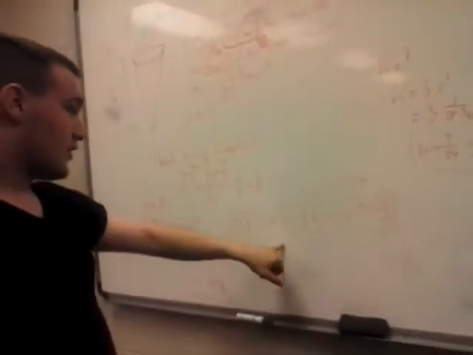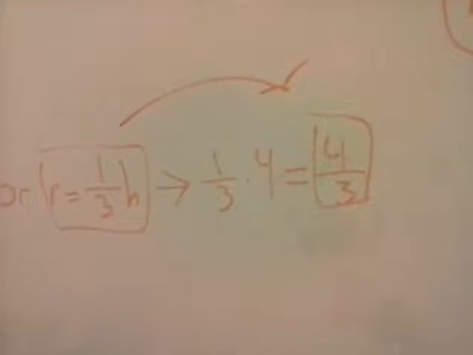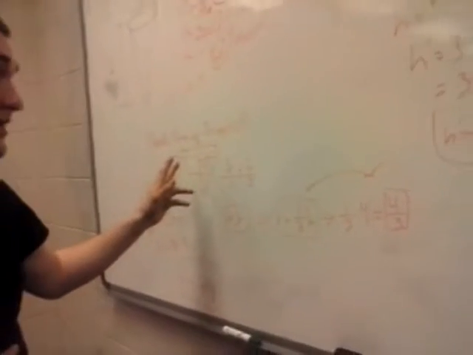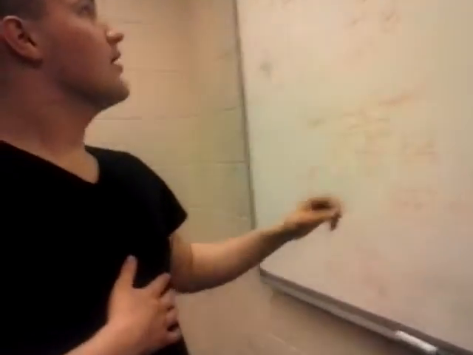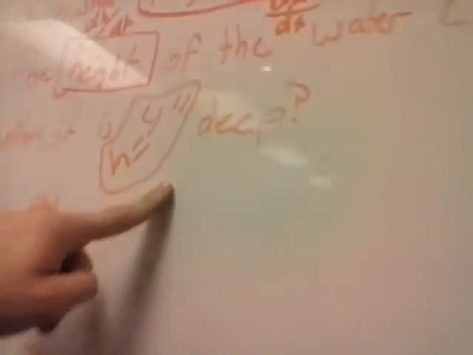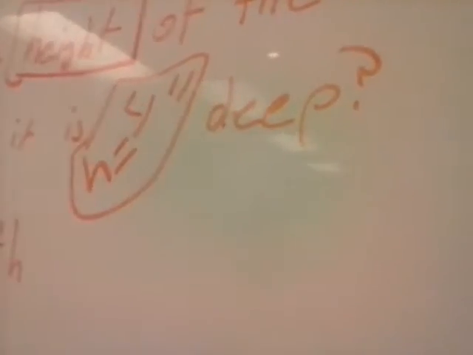And you know from over here that 1/3 times 4, you're going to get 4 over 3. You got the 4 from it being your height, I apologize. See right here? h is going to be your height, 4 inches deep.